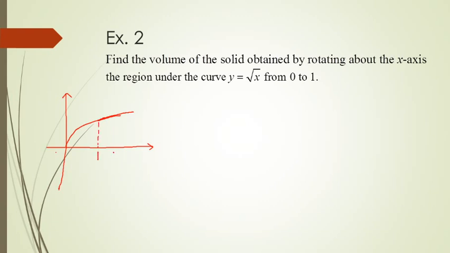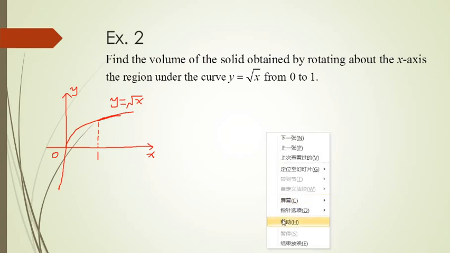Here is 1, the x and y coordinates. So this function is y equals root x. Find the volume of the solid. This kind of solid we call a volume of a rotating solid. You get a region first, then you rotate it.